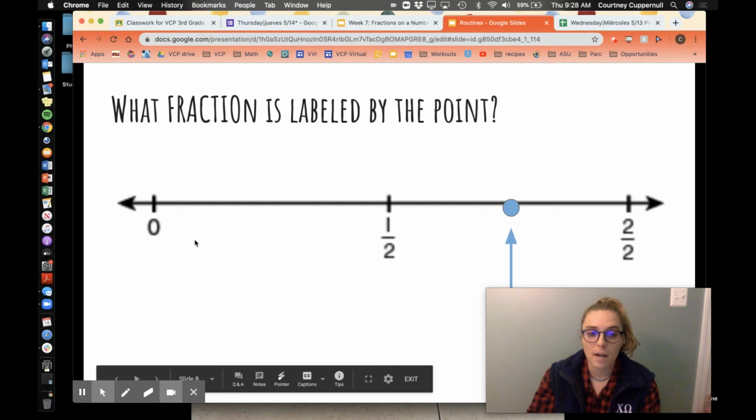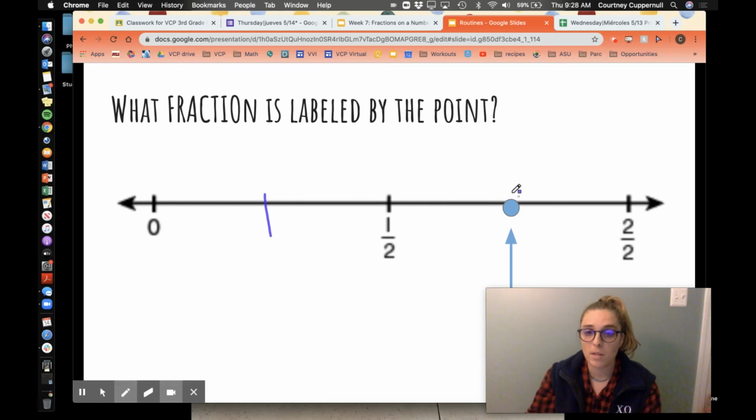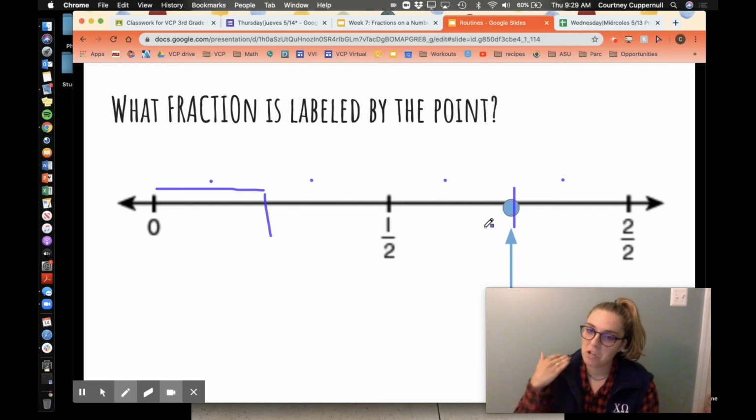But just as a reminder, we know that the answer cannot be one piece, because if we look and we split it into the amount of pieces we need, so in this case, if you were saying 1/4, you split your number line into 1, 2, 3, 4 pieces. When you're saying 1/4, you are saying you've traveled 1 equal piece. Did we travel 1 equal piece to get to this dot? No way.